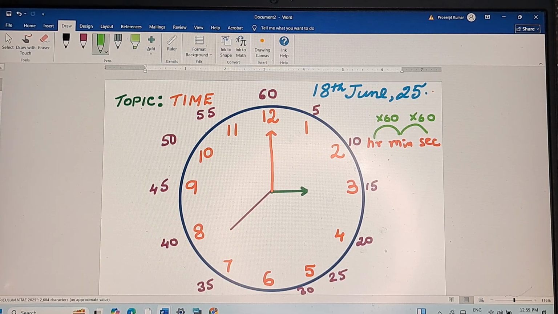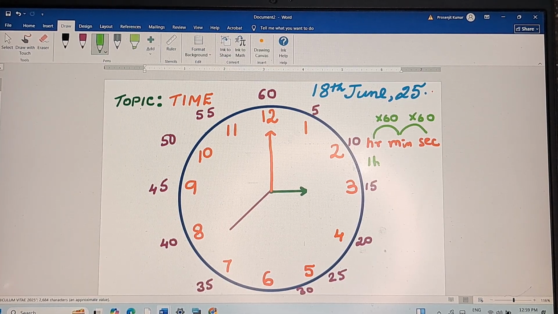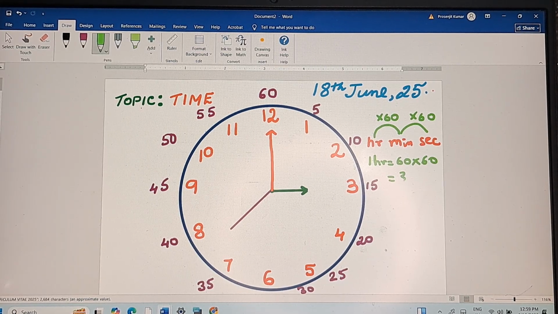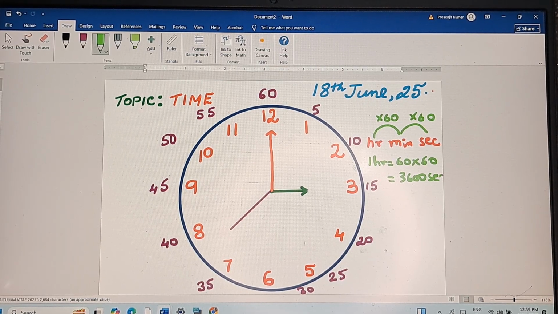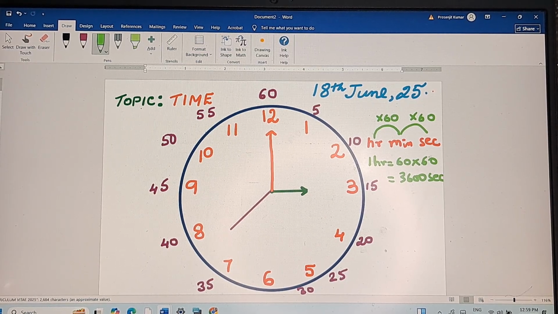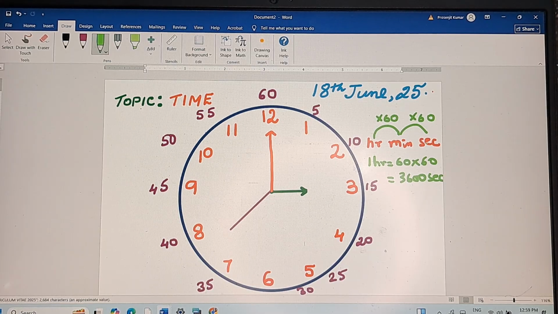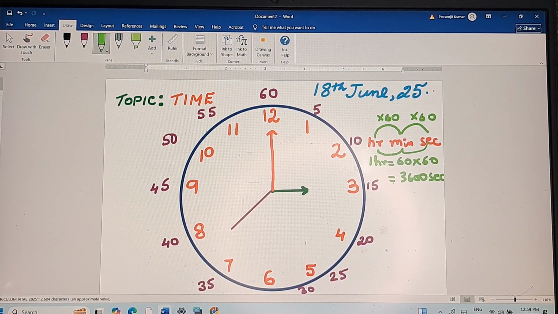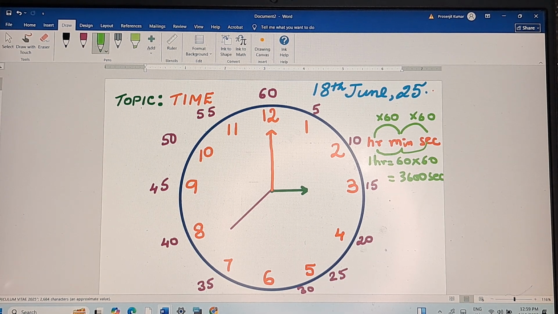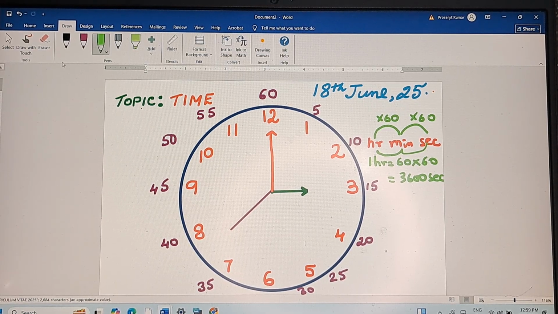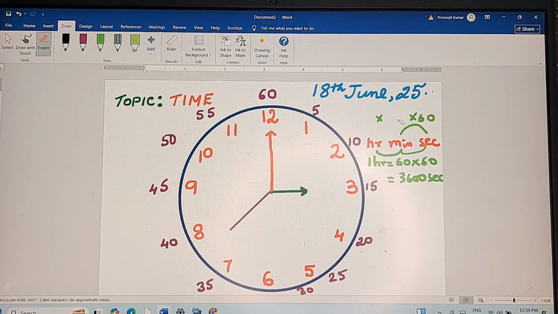So 1 hour equals 60 into 60, 3600 seconds. In the same way, when we go from second to minute, we have to divide by 60, and from minute to hour we have to again divide by 60. So over here the bigger unit is hour and the smallest unit is second.